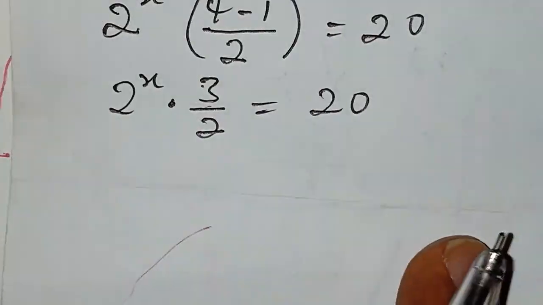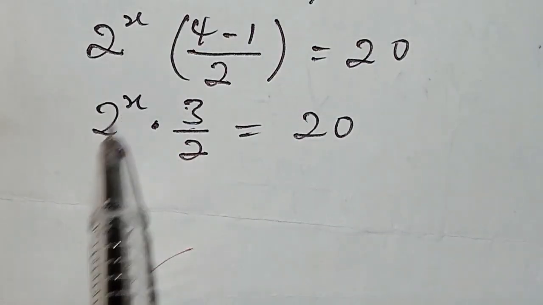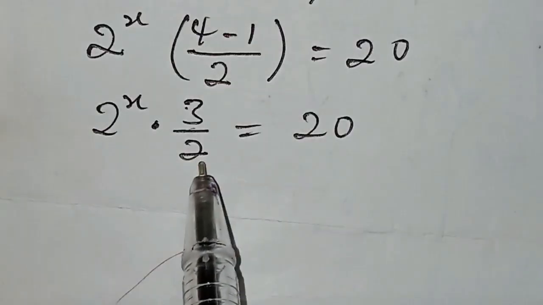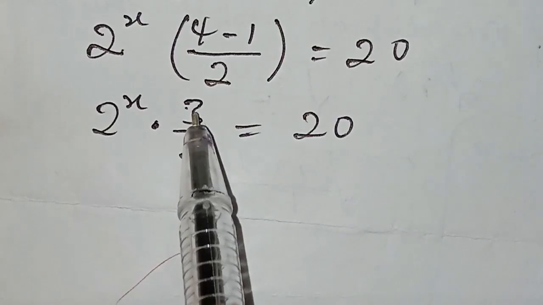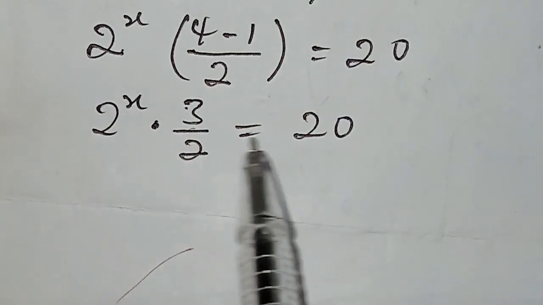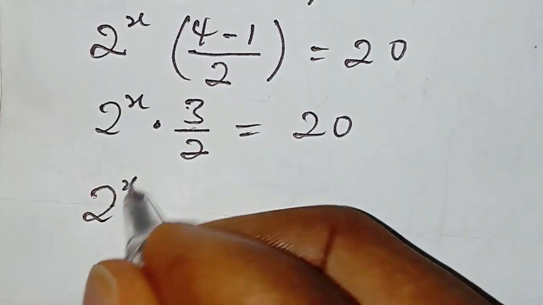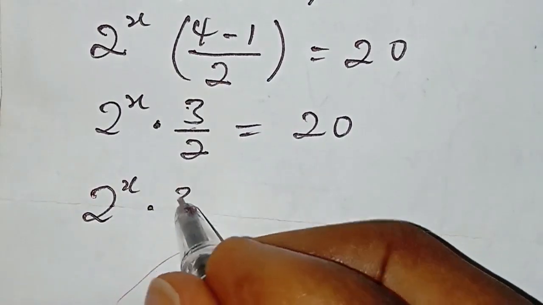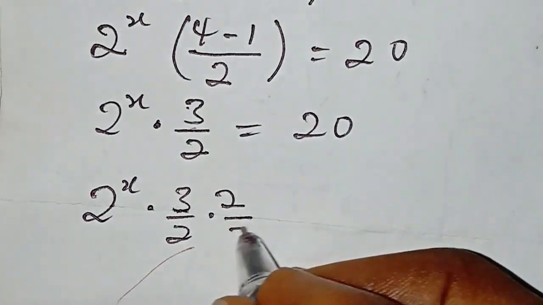Now here, we need to consider this. We want to isolate 2 raised to power x. So to do that, we multiply both sides by the inverse of 3 over 2. So we have 2 raised to power x multiplied by 3 over 2, then multiplied by 2 over 3.